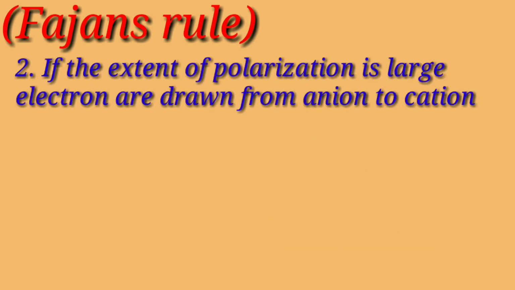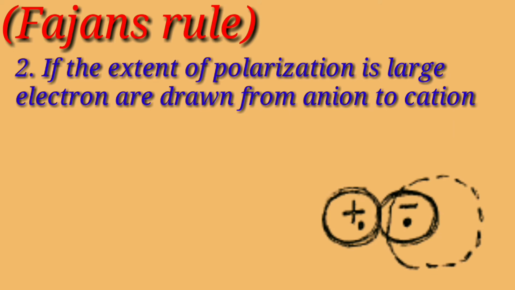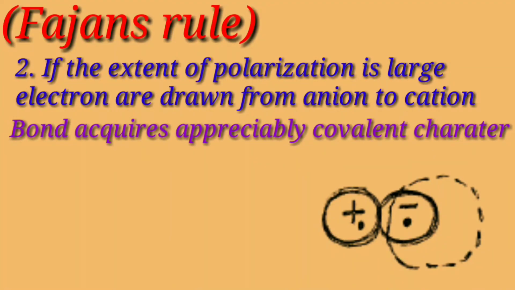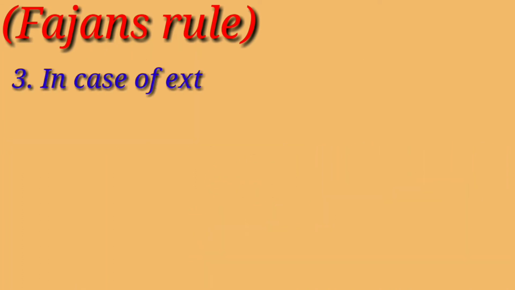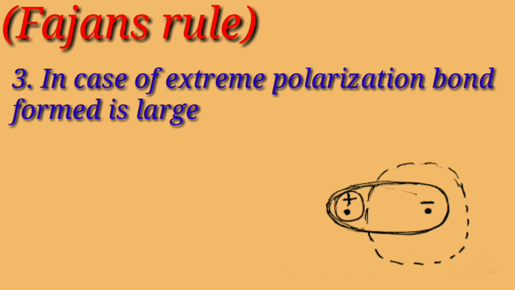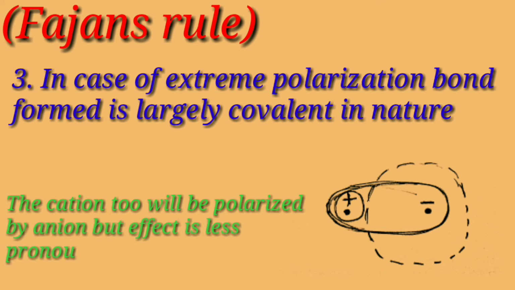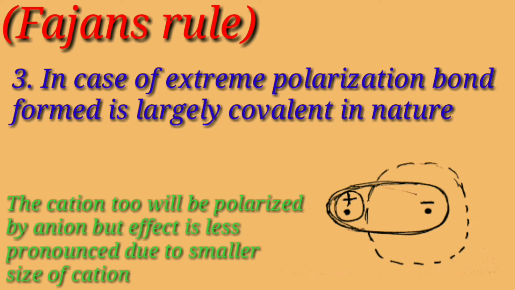If the extent of polarization is large, electrons are drawn from anion to the cation and bond acquires appreciable covalent character, that is anionic polarization. And in case of extreme polarization, bond formed is largely covalent in nature. Further, the cation too will be polarized by anion, but effect is less pronounced due to smaller size of cation.